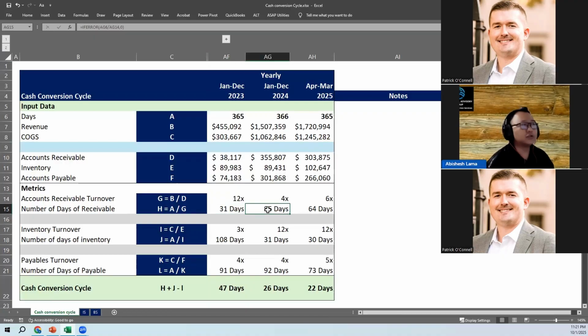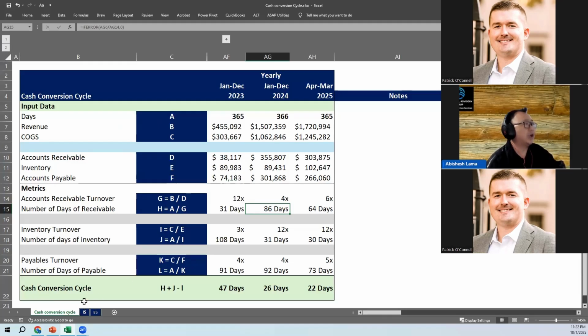From 2024 onwards, they shifted to higher value orders, which can also be seen from the increase in revenue from 455,000 to 1.5 million. Since the order values were larger, they had to give an additional credit period to their customers, so it took them more time to collect from the customers.